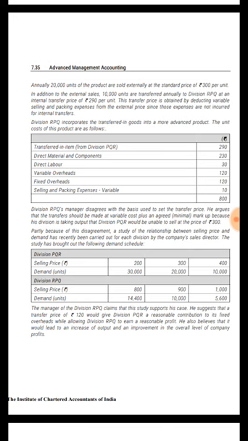So the manager of division RPQ claims that this study supports his case. He suggests that a transfer price of rupees 120 would give division PQR a reasonable contribution to its fixed overhead, while allowing division RPQ to earn a reasonable profit. He also believes that it would lead to an increase of output and an improvement in the overall level of company profits.